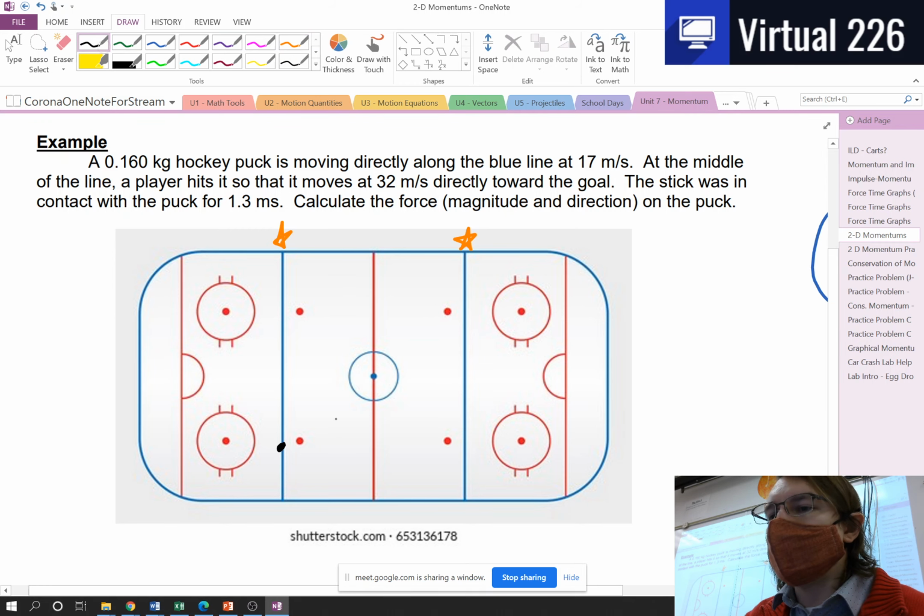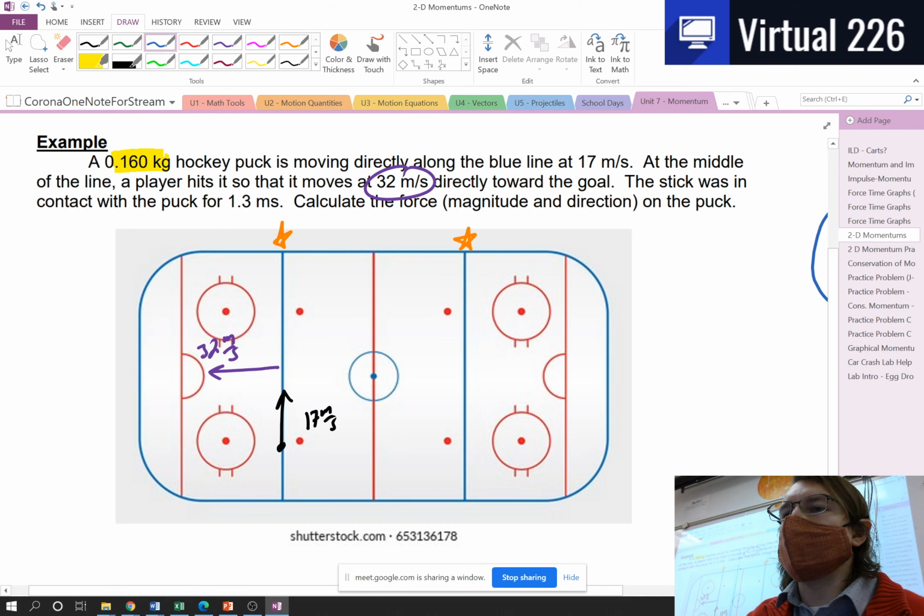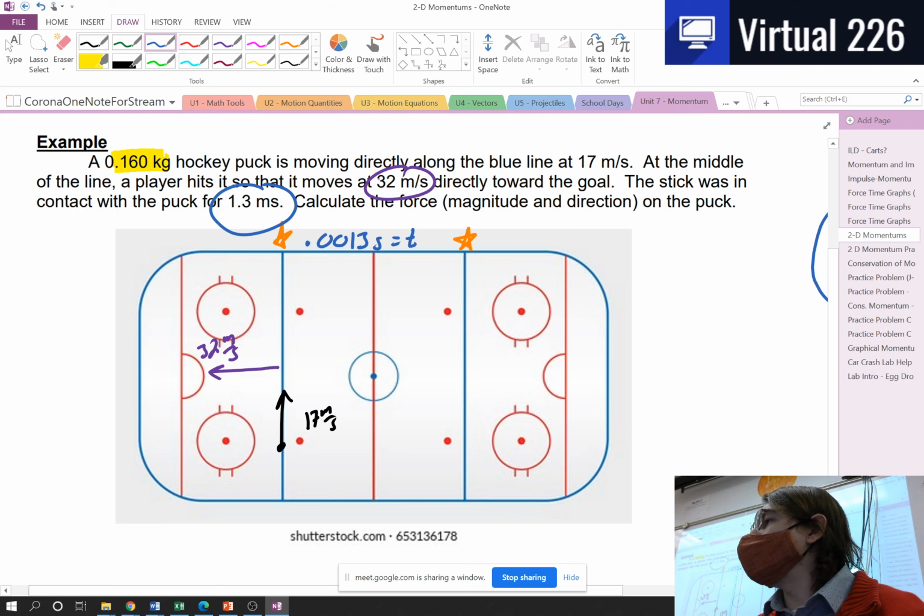But if we have a hockey puck moving along the blue line at 17 meters per second, and this puck has a mass of 0.16 kilograms, if a player then strikes it so that this puck is then traveling directly towards the goal at some new velocity, 32 meters per second, we want to know, if the stick is in contact with the puck for just 1.3 milliseconds, and that's the same as writing this as 0.0013 seconds for time, what is the force acting on this puck?